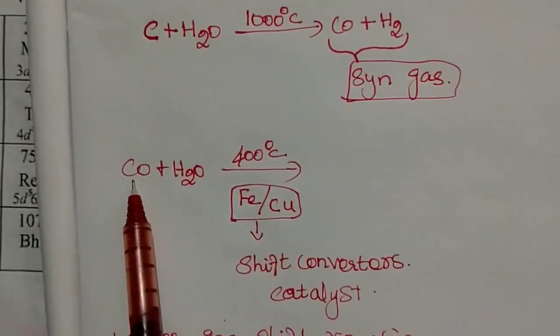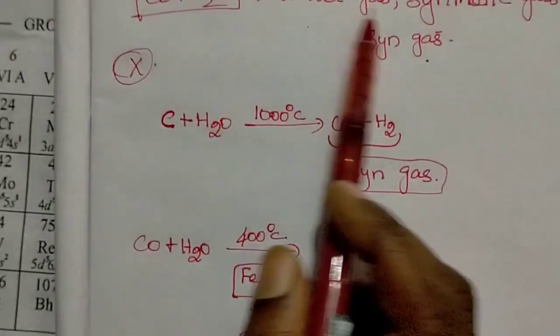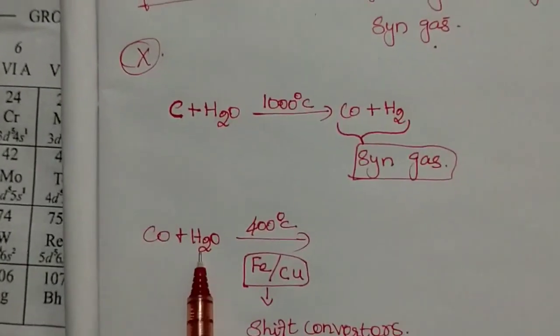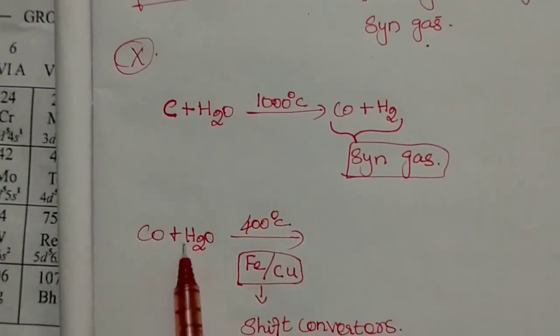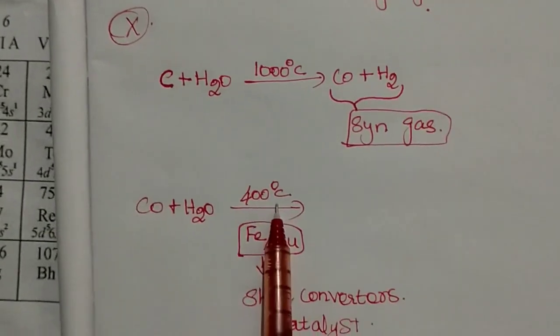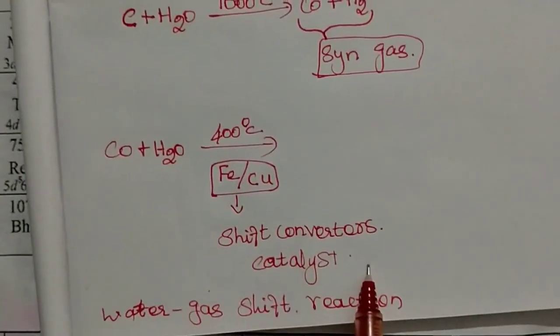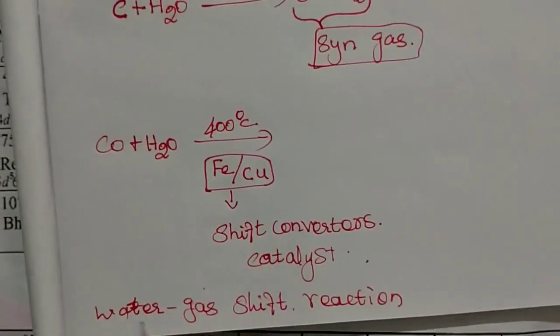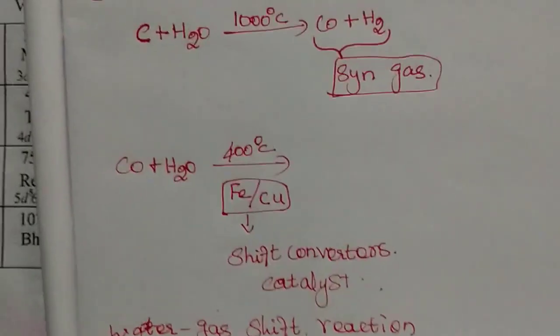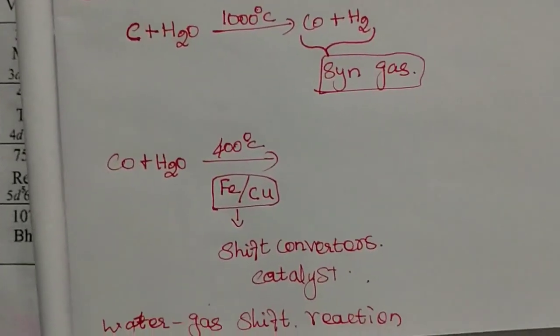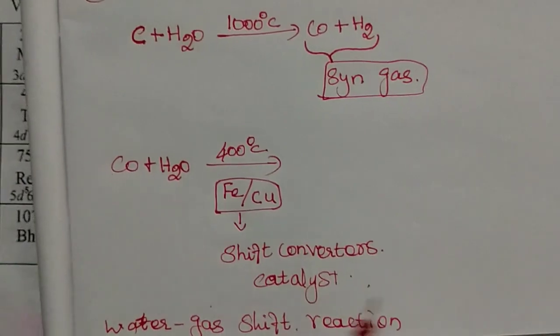This is water gas. Carbon monoxide is combined with water and heated to 400 degrees Celsius in the presence of shift converter catalyst. So this is called the water gas shift reaction.